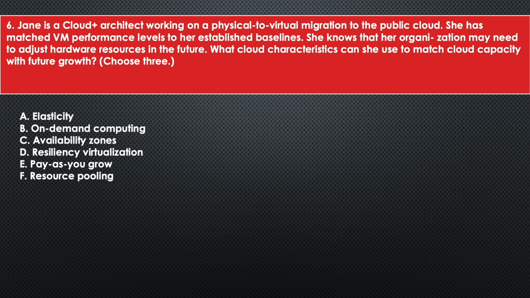Choose 3. A. Elasticity. B. On-demand computing. C. Availability zones. D. Resiliency virtualization. E. Pay-as-you-grow. F. Resource pooling. Answers: A, B, E. Elasticity, on-demand computing, and pay-as-you-grow are all examples of being able to expand cloud compute resources as your needs require.